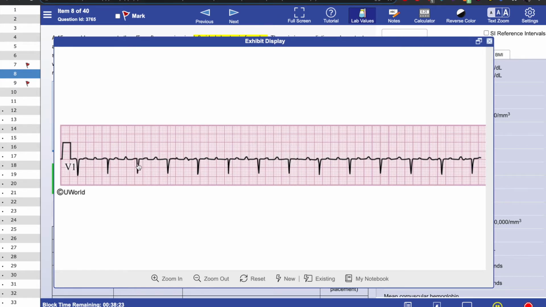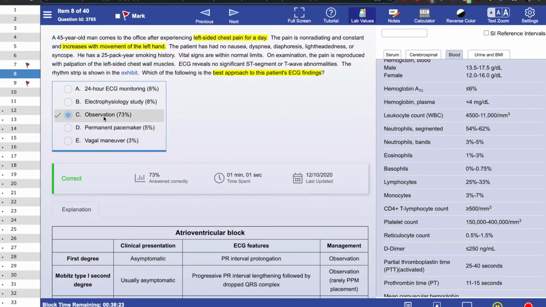It's in sinus rhythm, but I'm seeing that the PR interval is increased. It should be about 5 boxes, and this one is spanning a little bit more than that. Looking at the other ones, it's all increased. So it's not elongating, it's a consistent prolonged PR interval, and that lets me know that this is a type 1 heart block. So I was able to answer the question directly by observation. I didn't even have to read the entire question, so that saves me time.